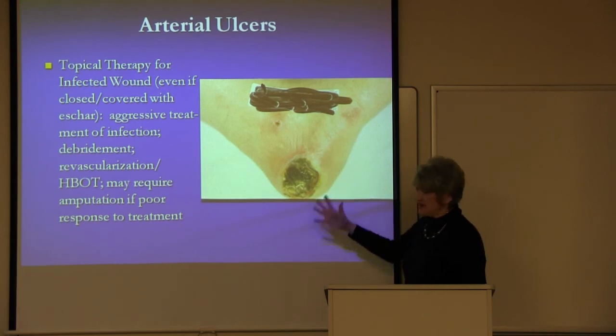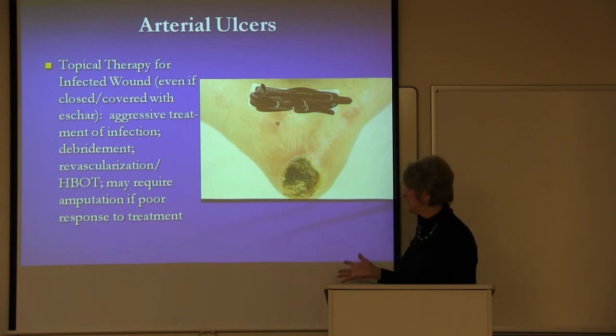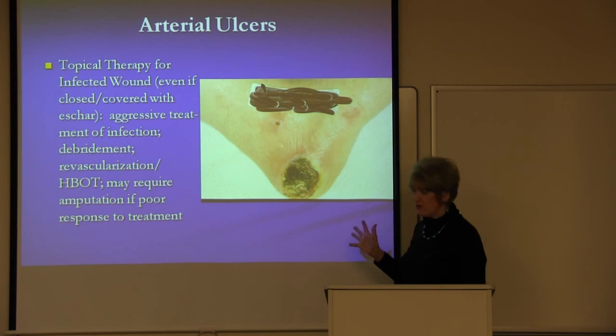As soon as we get the patient stable, the infection under control, we're going to move that patient into a workup state so that we can determine, is this patient a candidate for revascularization? We're definitely going to keep hyperbaric oxygen therapy on the table as an option.